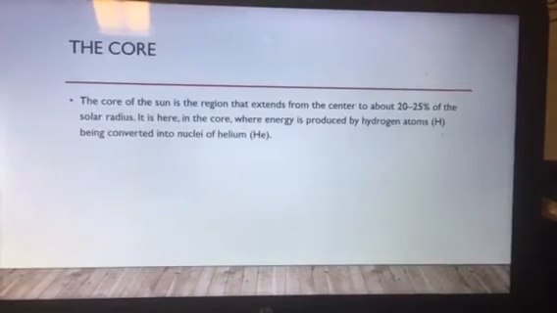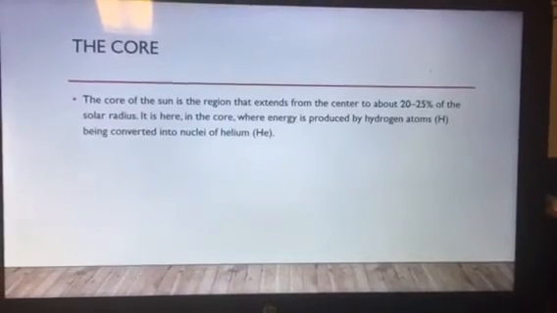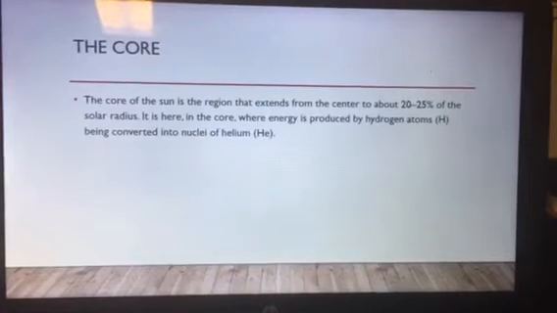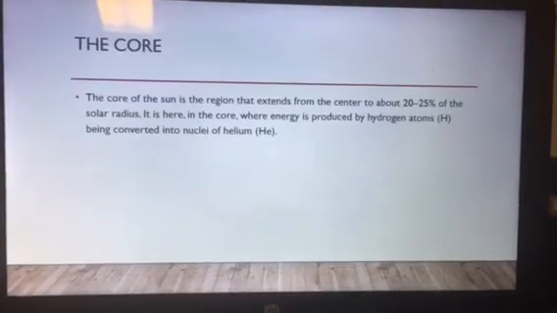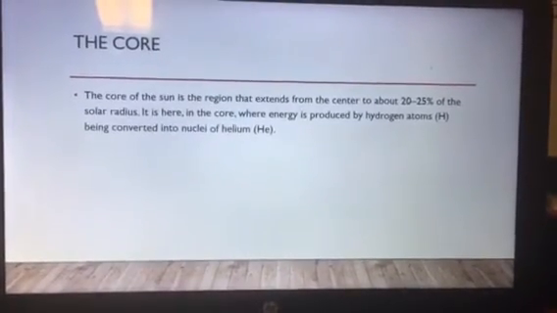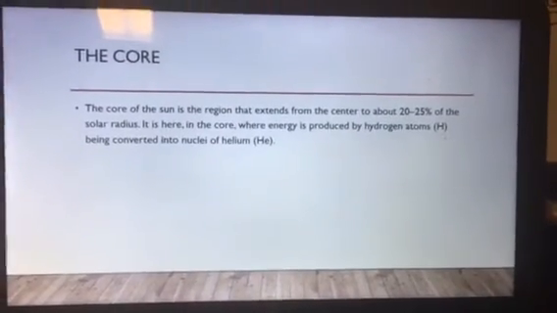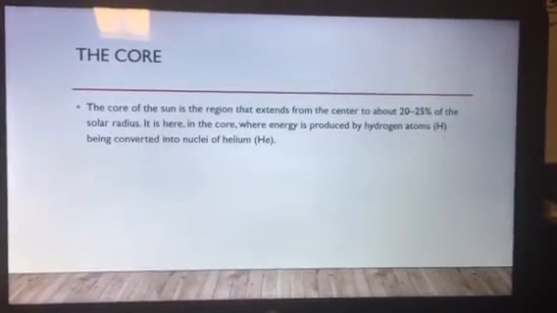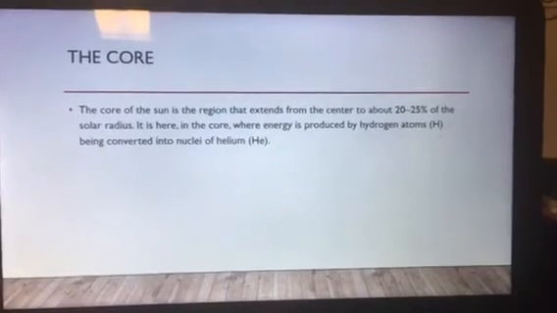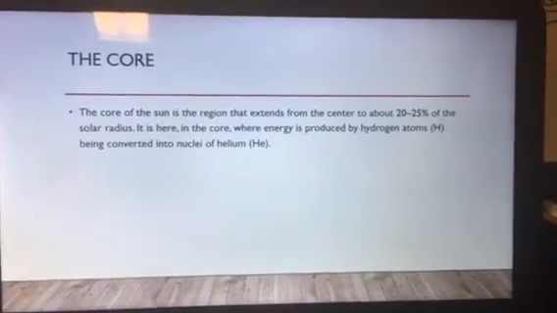It is here in the core where energy is produced by hydrogen atoms being converted into the nucleus of the helium. So basically, the core is where the energy is produced.